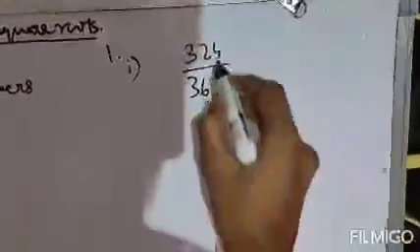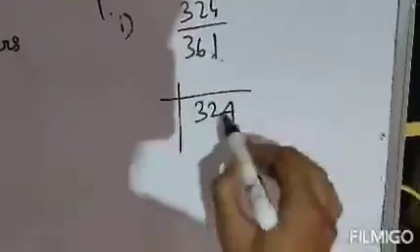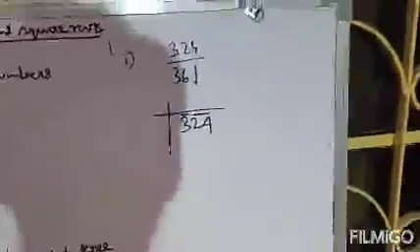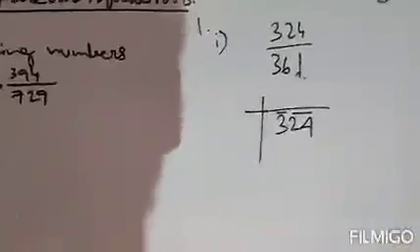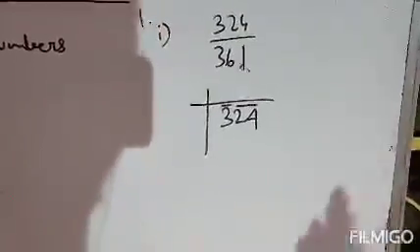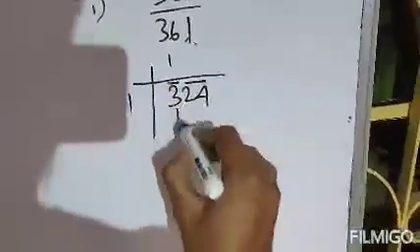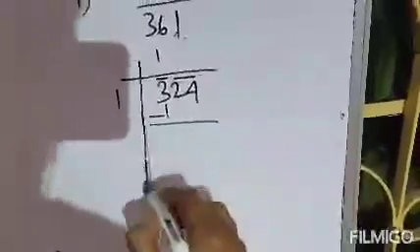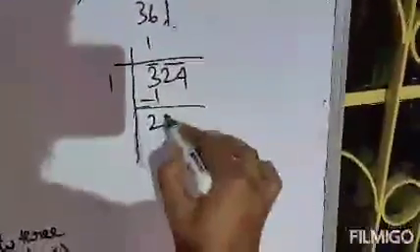Clear? So the numerator is 324. Find the square root of 324. You already know how to find the square root by the division method. We will take two numbers starting from your right side. Now 1 ones are 1, subtract, this is 2. Next 2 4 will come down.